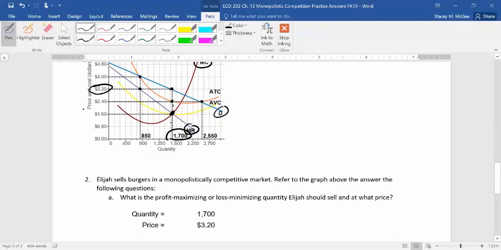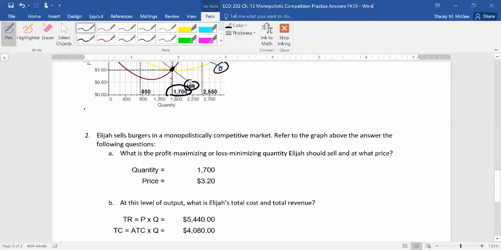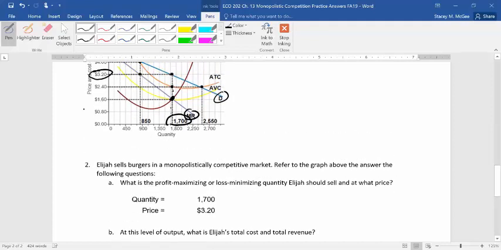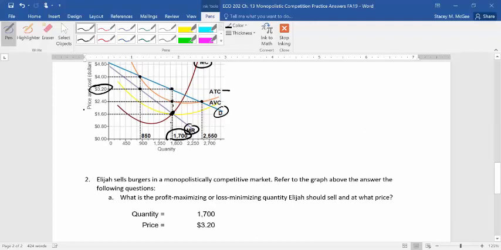That's what we're doing. So then the next thing says, what is his total cost and total revenue? So at 1,700, his total cost, we look here for the total cost curve.